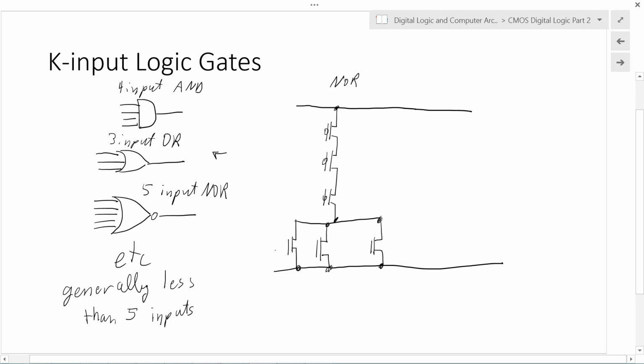Let's label our inputs A, B, C. A, B, and C. Now remember that we've got 2 connections for A on the PMOS and NMOS, so we have a virtual connection here even though I'm not drawing the connections, so please keep that in mind.